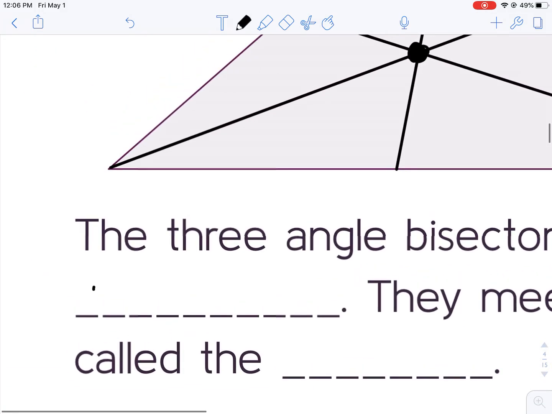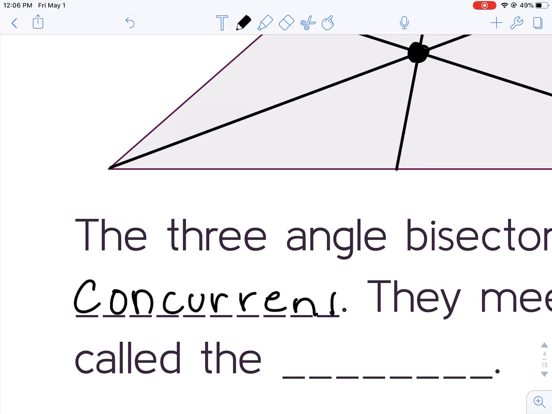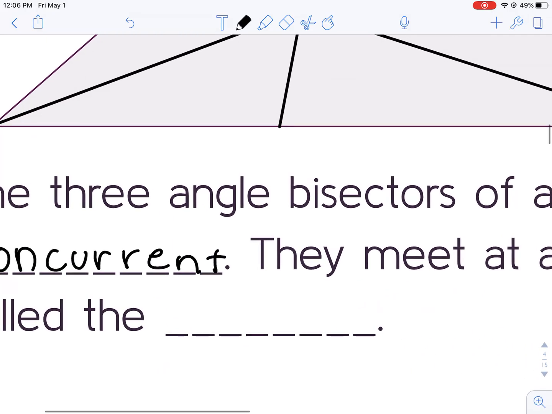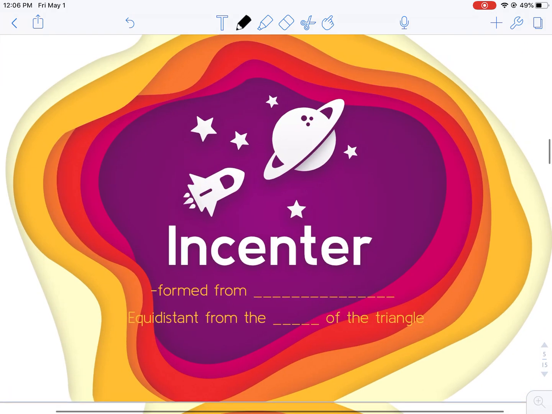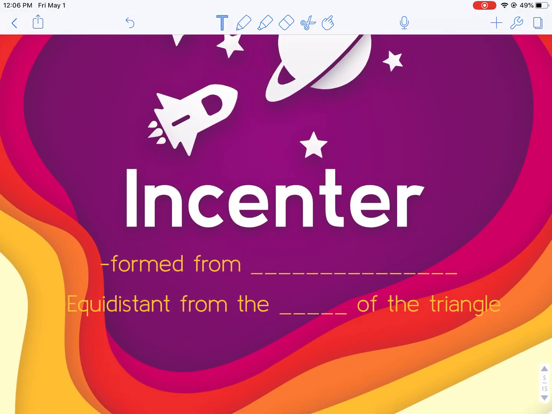That means those are concurrent. And the point that they meet at is called the incenter. And there are some special properties with the incenter. So as we just said, the incenter is formed from angle bisectors.